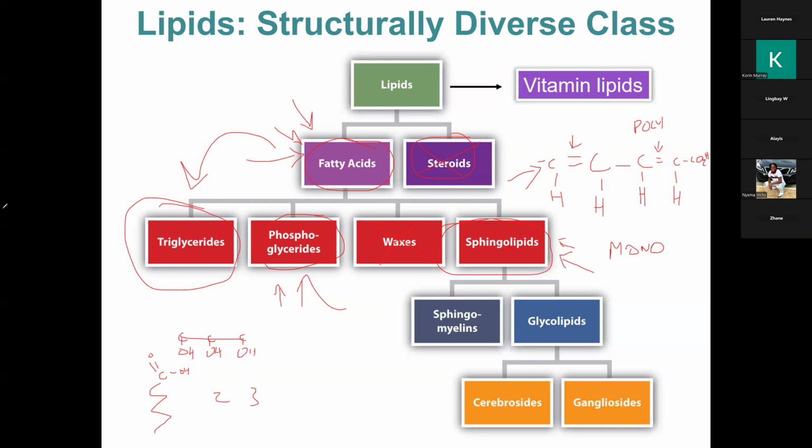You get esterification, which gives the ester, and this bond is often referred to as an acyl.